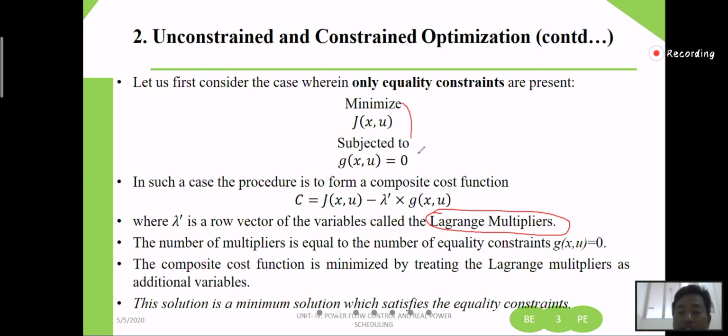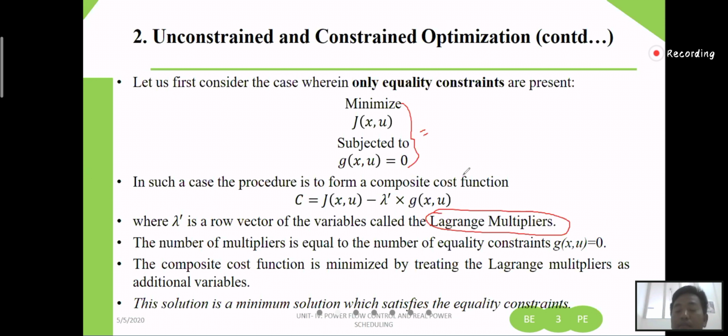Don't worry about these two. These two will be given in your question or in your problem. It says you have to minimize this, and it has to fulfill this one, meaning the equality constraint. Now how to solve that: we have to solve by forming one composite function.